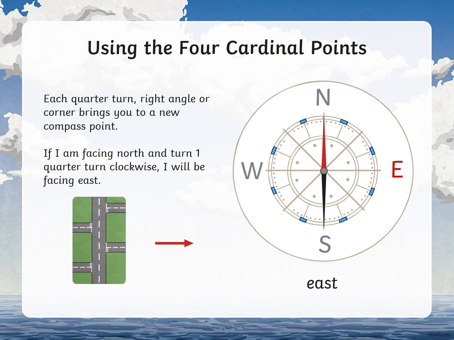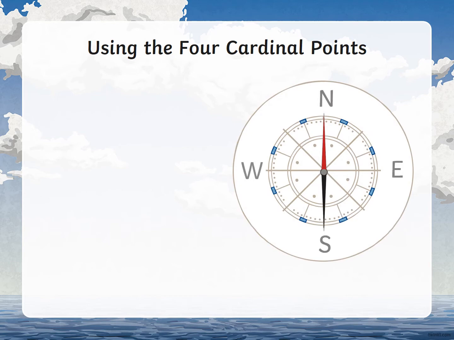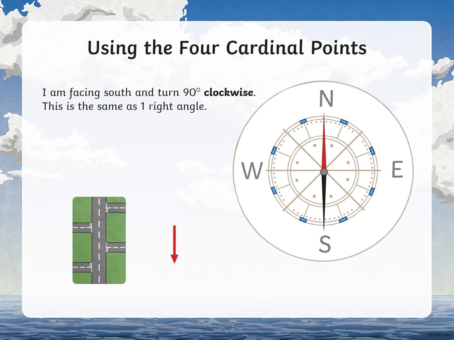Let's try another example. If you're facing south and you turn 90 degrees clockwise, which part of the compass will you be facing? Will you be facing north, east, south, or west? Now again, you might want to stand up, face the same way that the red arrow at the bottom of the screen is facing, and turn 90 degrees.